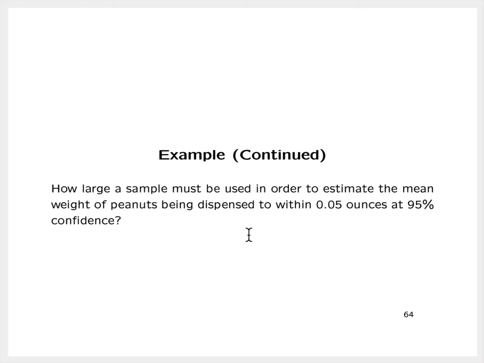So what we're wanting to do here is perhaps design our sampling procedure so that we will be able to estimate the mean weight of peanuts being dispensed with a known given precision, in this case 0.05 ounces, while maintaining a desired level of confidence, in this case 95%.